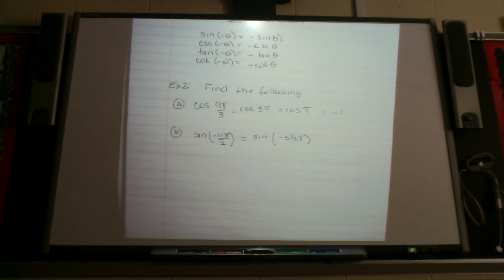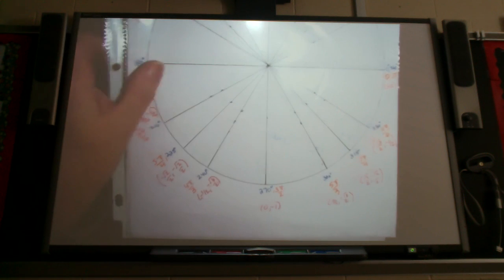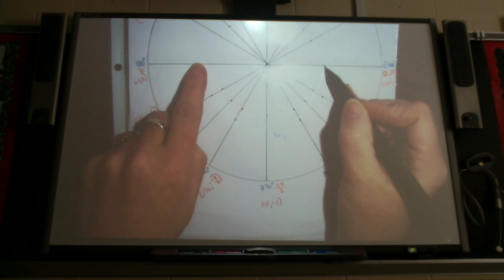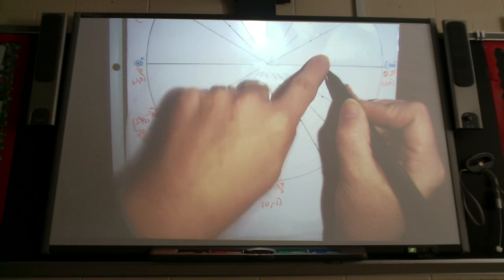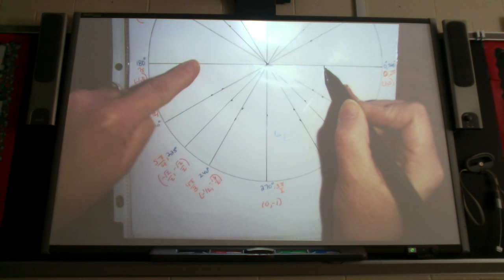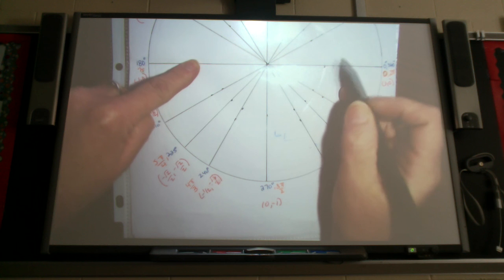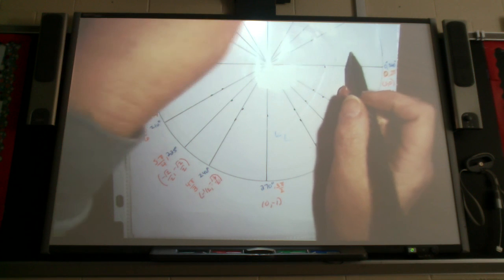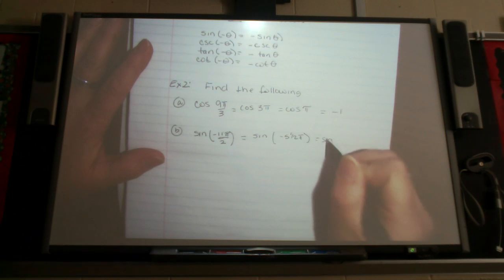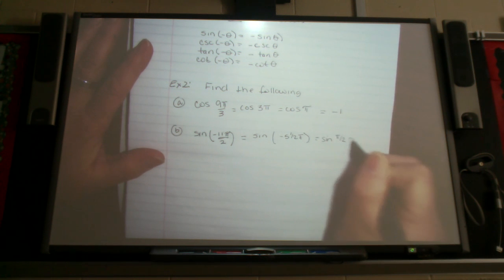I start on my unit circle and I have to rotate 5.5 pi's, and I have to go negative. So I start here, 1 pi, 2 pi's, 3 pi's, 4 pi's, 5 pi's, and then half a pi, which takes me to where? The 90. So this is the same as the sine of pi over 2.